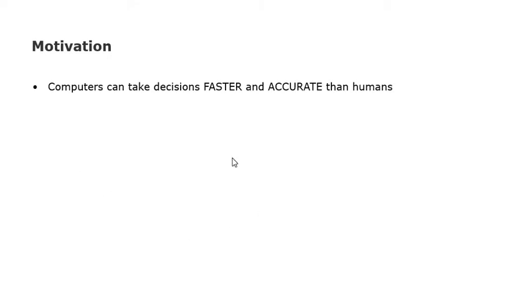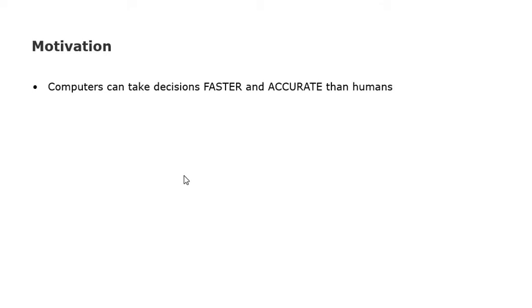Motivation explains why we chose this machine learning domain. Point number one, the machines can take decisions faster and more accurately than humans. Assume a human has to decide among 1,000 transaction data which are fraudulent and which are non-fraudulent. Obviously it is going to take a lot of time, and maybe he's going to make some mistakes at some point.